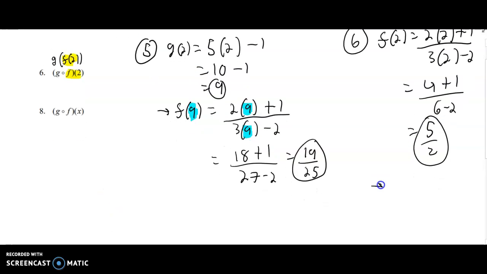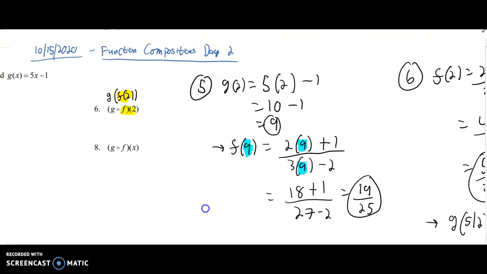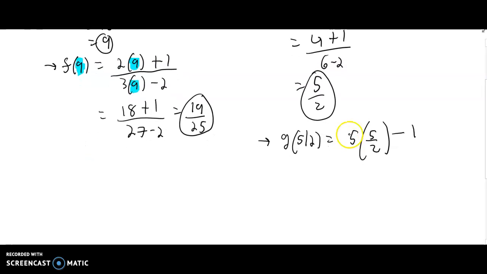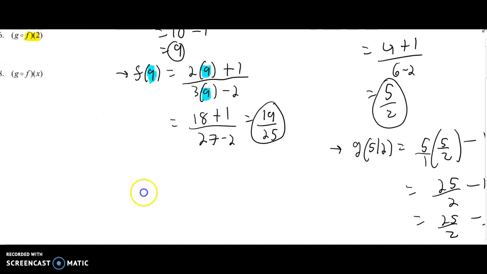Okay, now we want g of 5 halves, which is just 5 times 5 halves minus 1. We can think of this as 5 over 1. So I get 25 over 2 minus 1. Simplify these fractions. Write 1 as 2 over 2. And my final answer is 23 over 2.